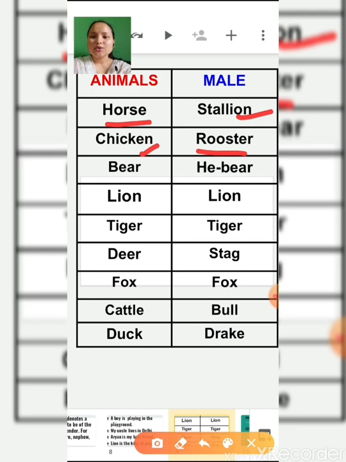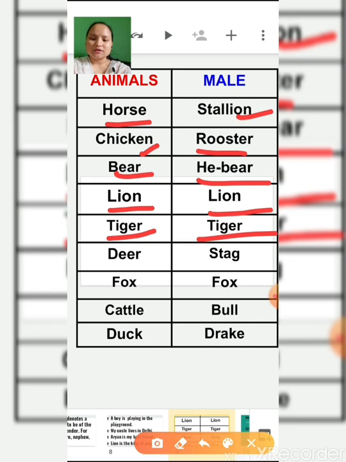Then bear. Male bear is called he-bear. Then lion, male lion is known as lion. Same with tiger, male tiger is known as tiger.